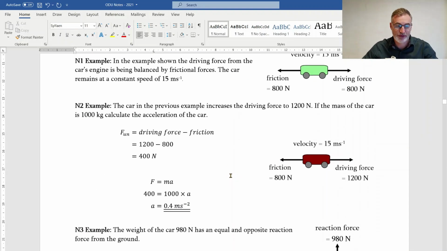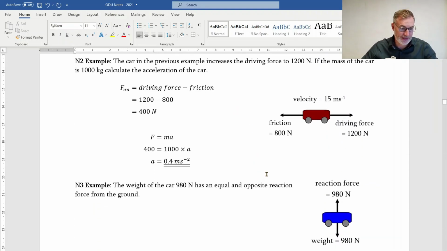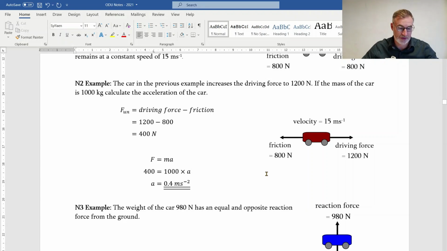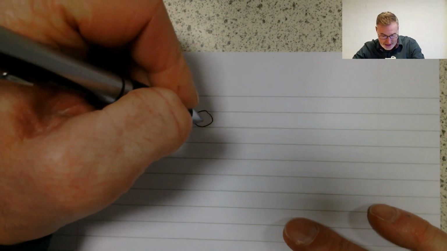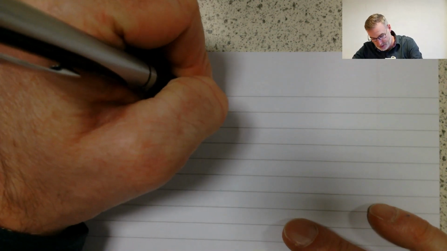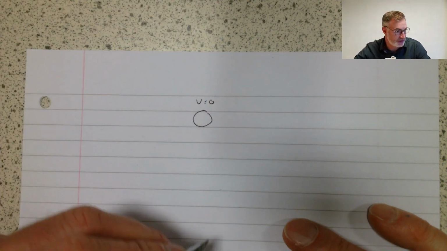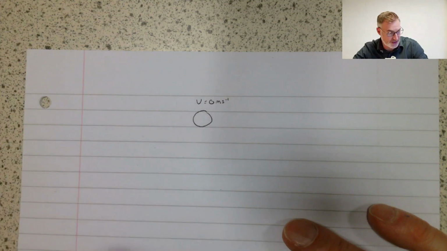Now there are some examples in the course notes that you can see just here, but we can talk a little bit more about them, and I'll give you a couple of extra worked examples just now. As an example of Newton's first law, if we have an object and there are no forces acting on it, it's not going to move, so velocity is equal to 0 meters per second.